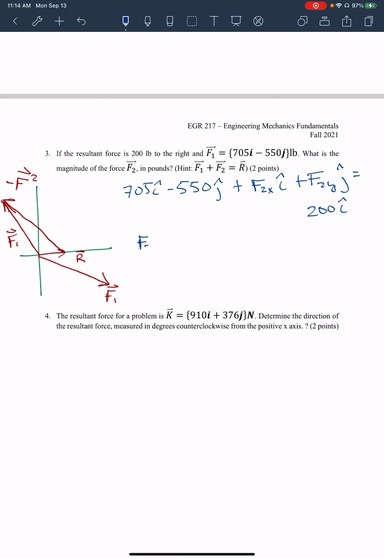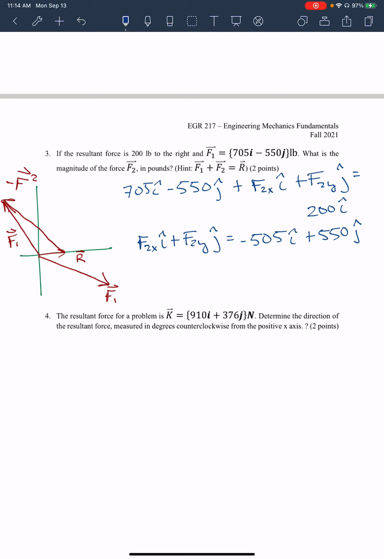So F2x i plus F2y j equals 200 minus 705i, so negative 505i plus 550j.